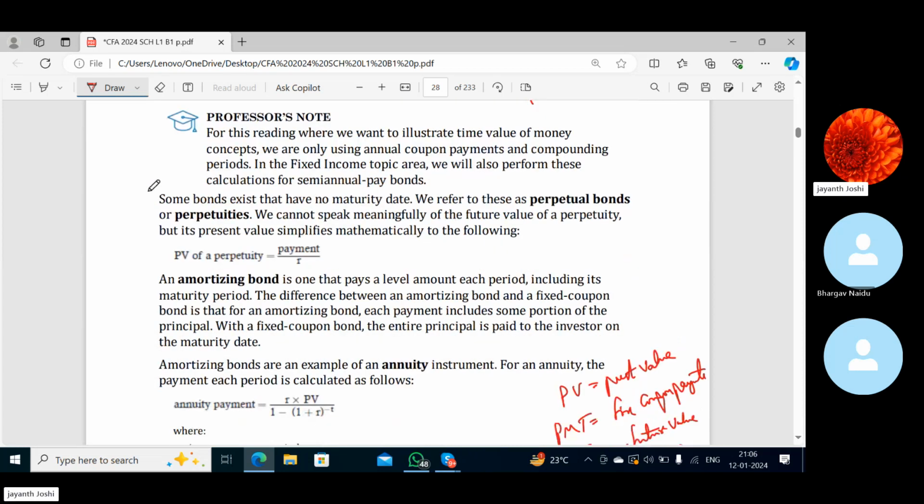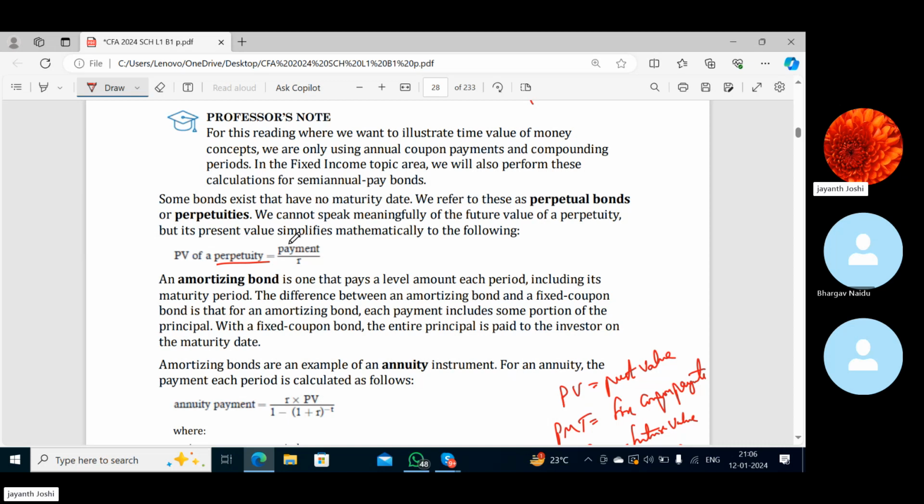See, now we are going for the next concept, that is present value of perpetuity. Now, what do you mean by perpetuity? See, in the UK, there were certain bonds issued by companies like British Petroleum or British Telecom.